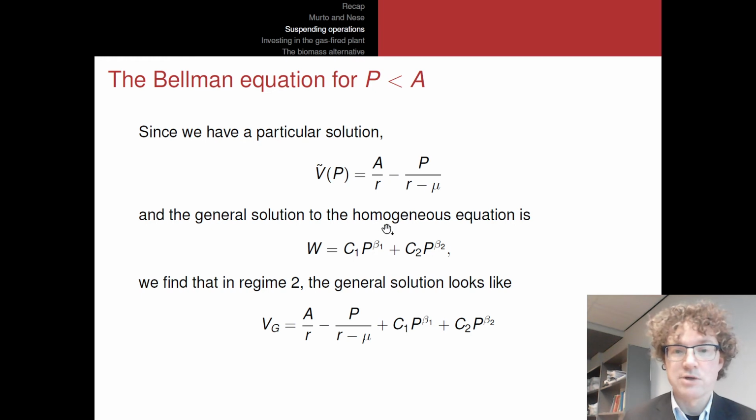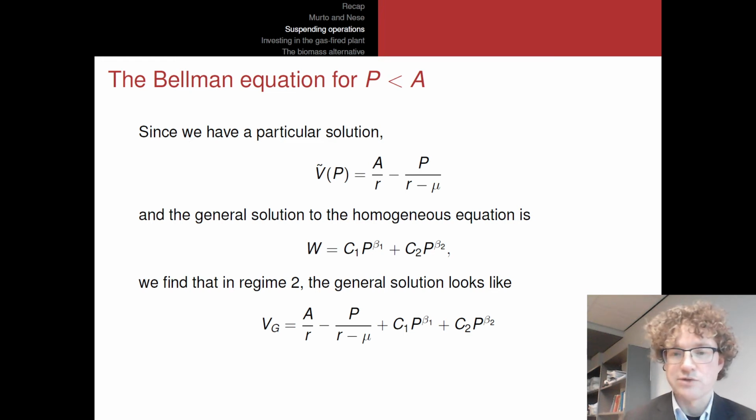We have the most general solution to the homogeneous equation, that's just the sum of the power functions with certain coefficients that we still have to pick, C1 and C2. Then the most general solution to the non-homogeneous, the original equation, is going to look like the sum of this thing over here plus this most general solution over here.